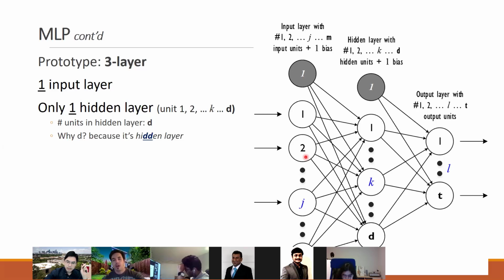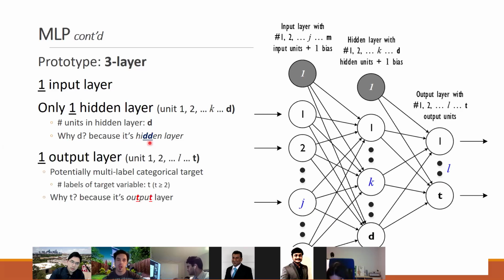I like to use K to index a particular unit in the hidden layer, and the total number of units in the hidden layer is D. D, because it's hidden, and D is not being used by any other notation. In the output layer, I like to use L, and the total number of units is T. And this T is the same as the number of labels in the target variable.